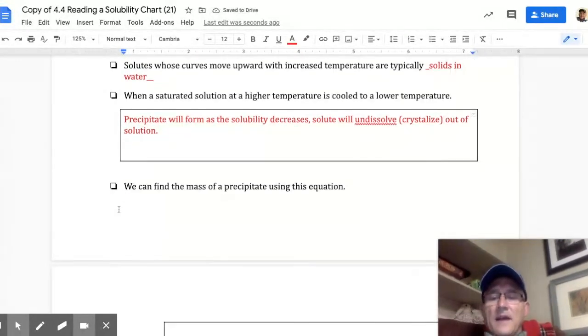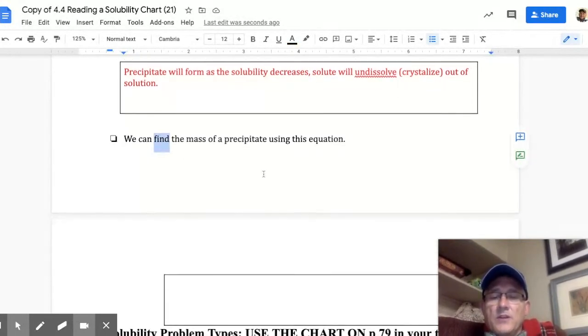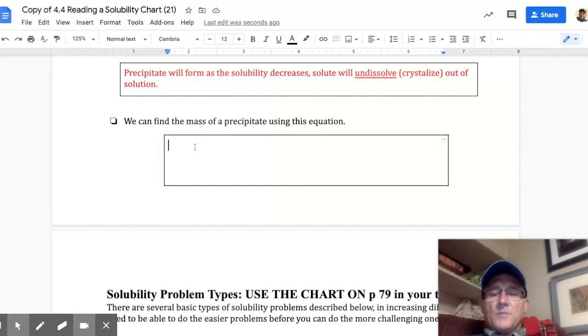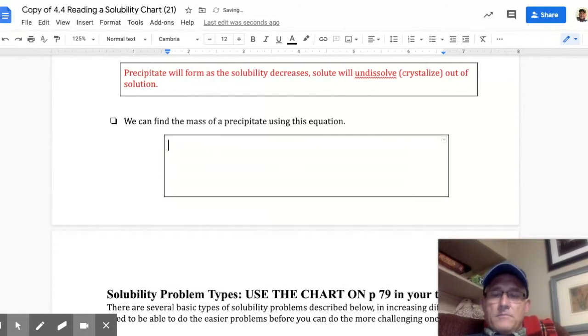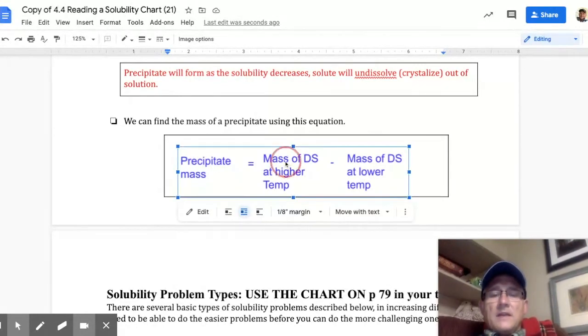We can find the mass of this precipitate by using a fairly simple equation. It's straightforward. Essentially, we find the mass of the precipitate by taking the mass of the dissolved solute at a higher temperature and subtracting the mass of the dissolved solid at a lower temperature.